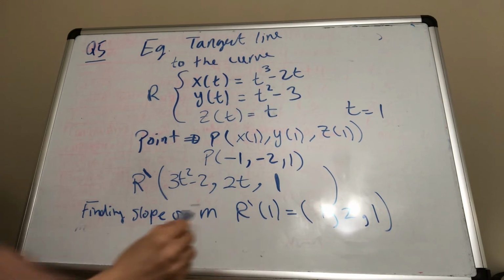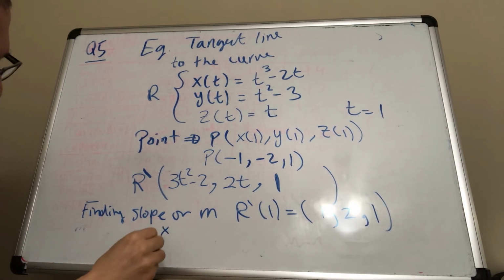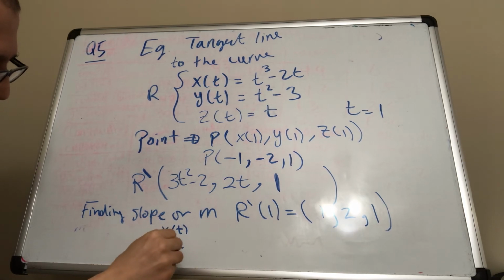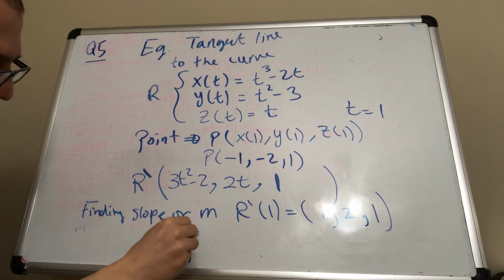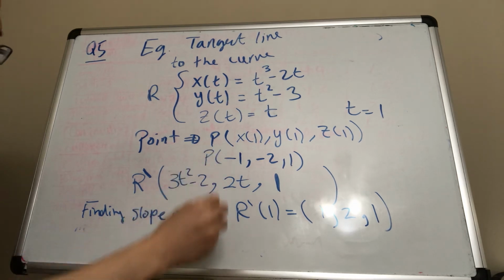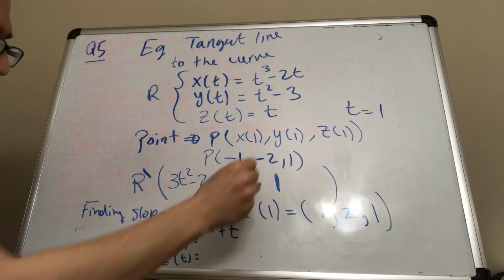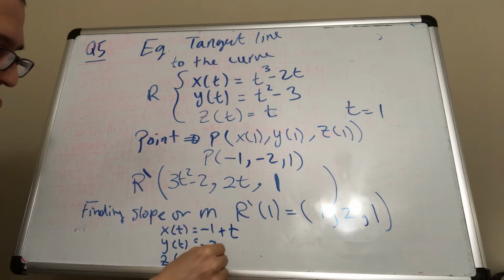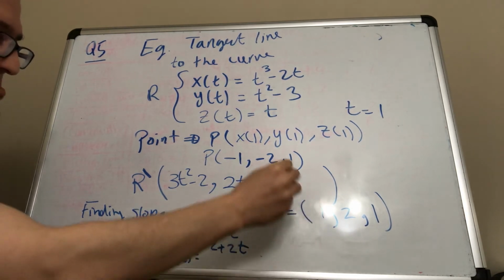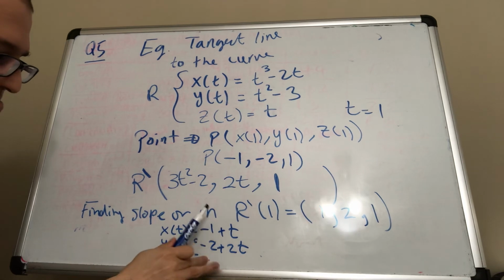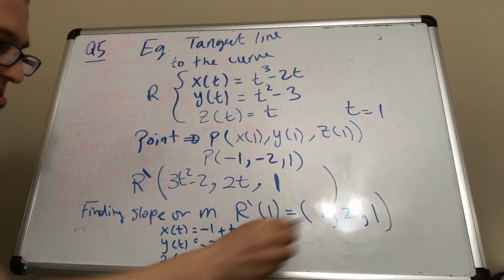So once you have this, the equation they're asking for, x, y, z, you start with the point plus 1t, you take the point plus 2t, you take the point plus 1t.